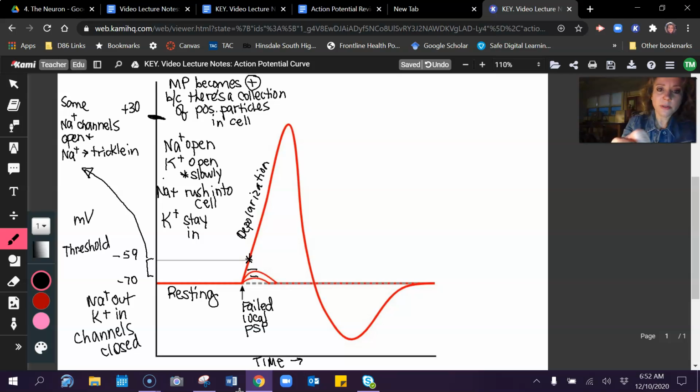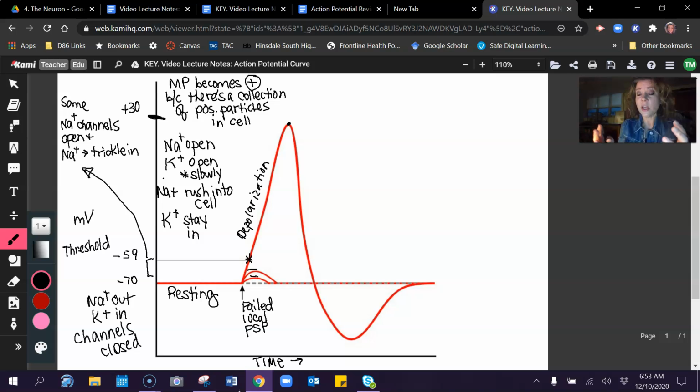All right, when depolarization ends, and remember that the reason why depolarization is going to end, the reason why our action potential graphs are not different at different heights, is because the sodium channels are going to open for a very specific amount of time. And so there's only enough time for enough sodium ions to get into the cell in order to raise the membrane potential to a positive 30.